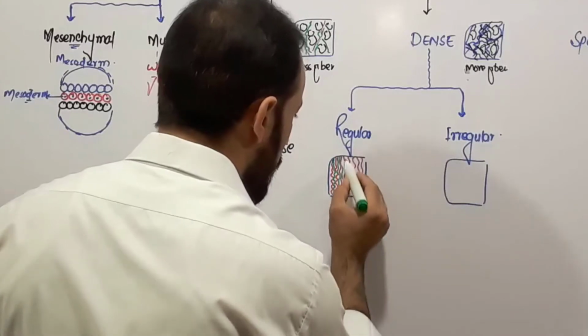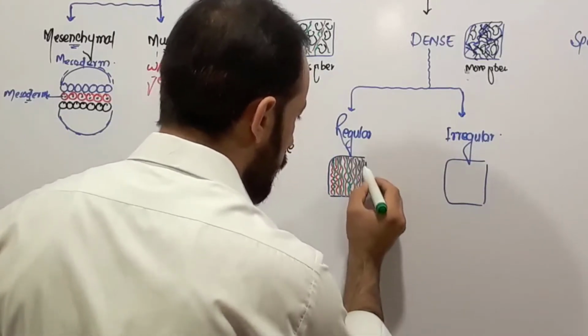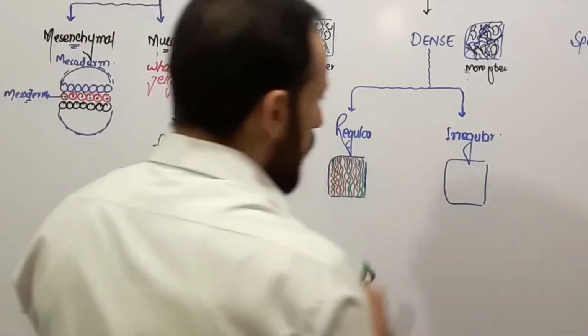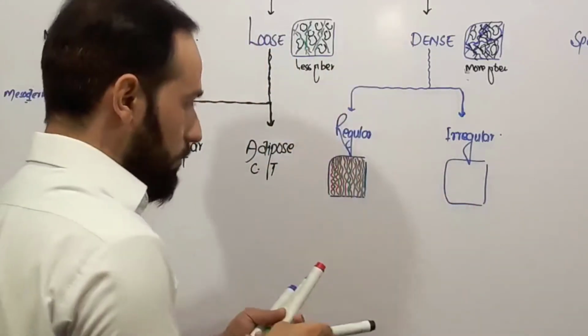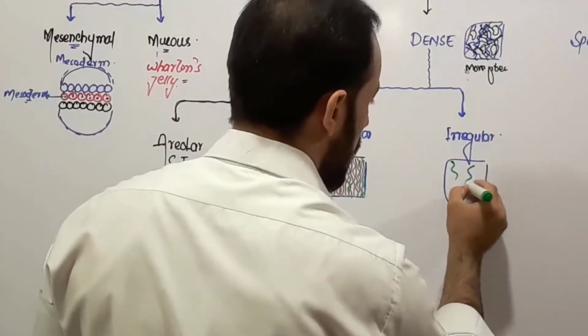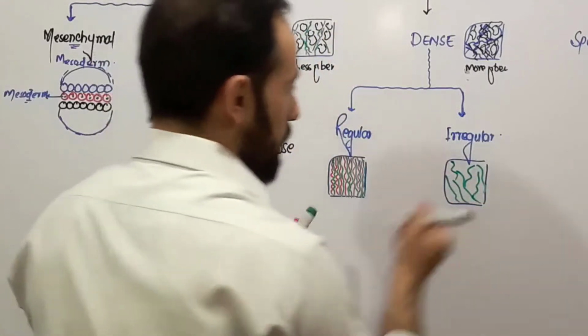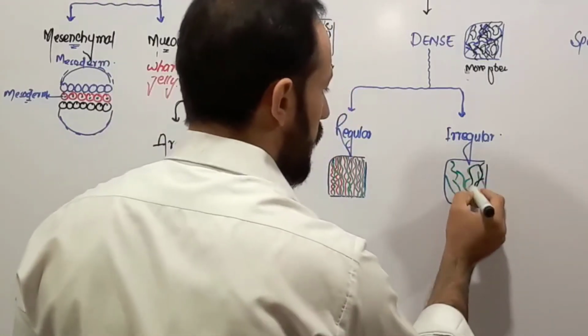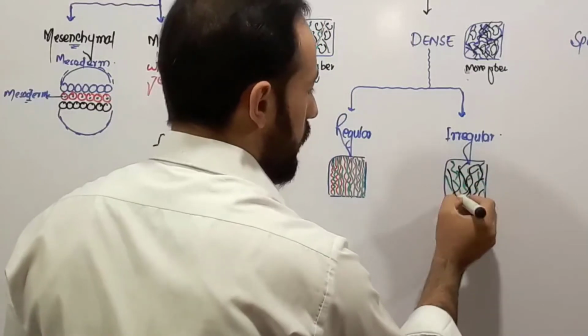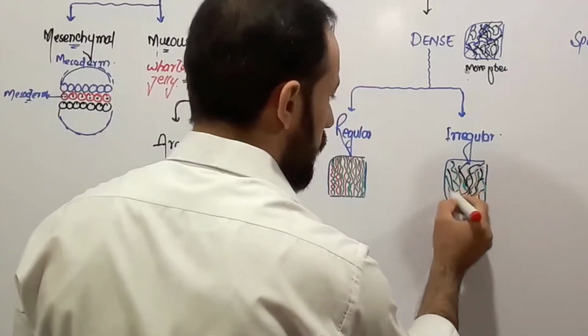That's why we call it regular dense connective tissue. That's so simple, right? And in case of irregular dense connective tissue, there are many fibers but they are arranged in an irregular manner. Fibers are very much present but they are arranged in an irregular manner. That's why we call it irregular dense connective tissue.